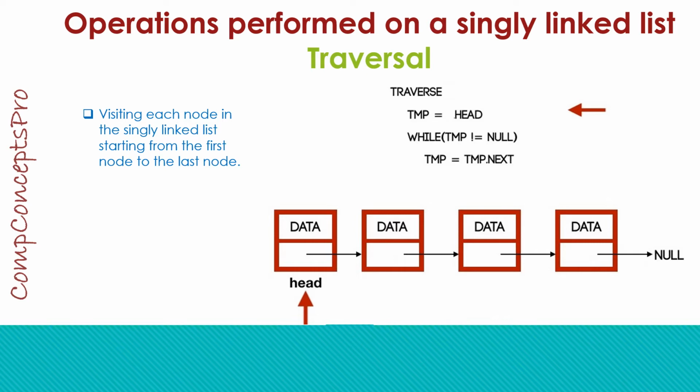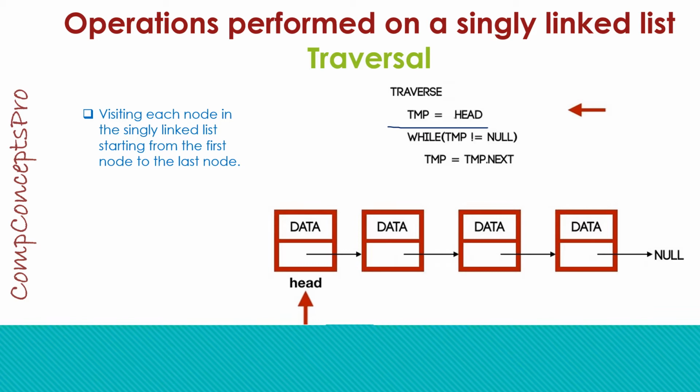So for that purpose, first we have to declare a temporary pointer in the same way as we declare the head pointer. And to this temporary pointer also, we will assign the address of the first node of the linked list. This can be achieved by simply writing this statement.